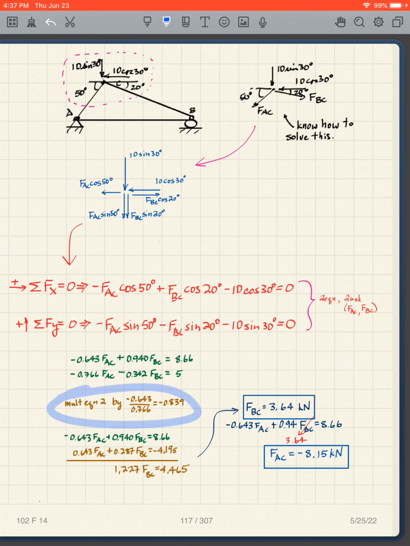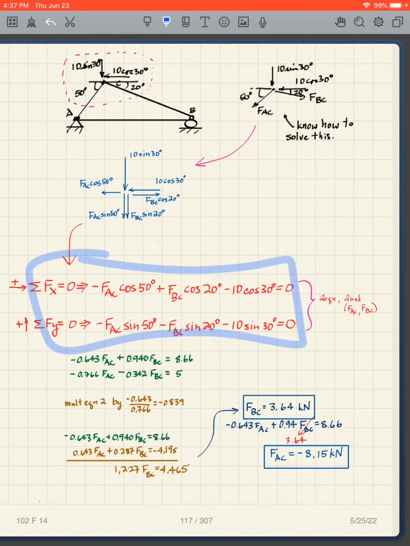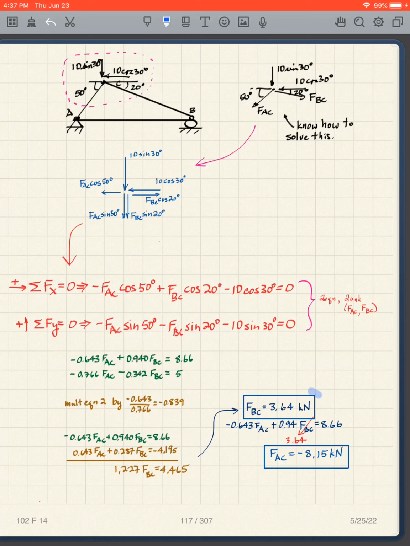Look at the video. This explains it. It's easier if you just put it into your calculator. Hopefully you have a calculator that can do this, and then I get these two numbers by solving those two equations, two unknowns. Solve it, and I get FBC and FAC. So that was evaluating point C.